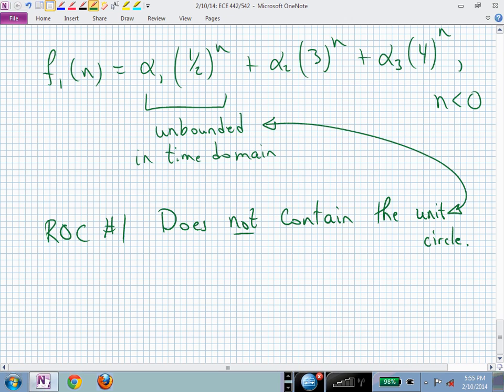We looked at the time domain waveform with n negative, and found that it was going unbounded, and that was consistent with this unit circle concept relative to the region of convergence. Is that clear?